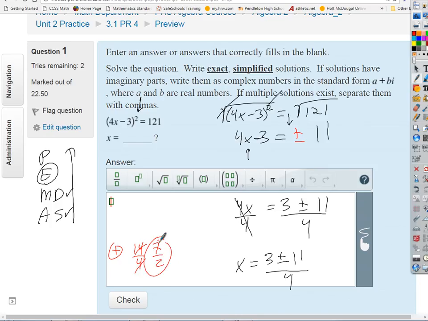If we take the minus sign, 3 minus 11 is negative 8. So the minus sign gives us negative 8 over 4, which is negative 2. So my two solutions are 7/2 and negative 2.